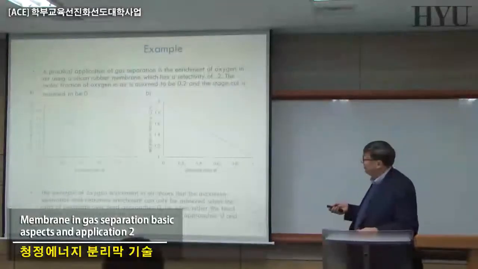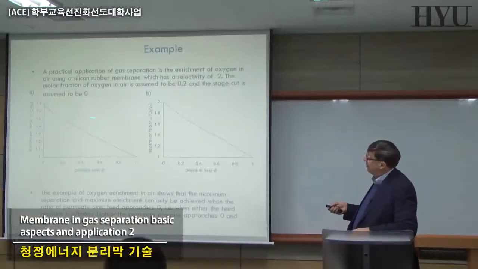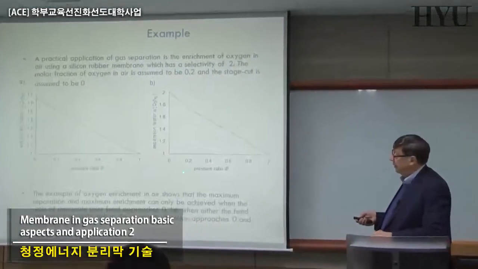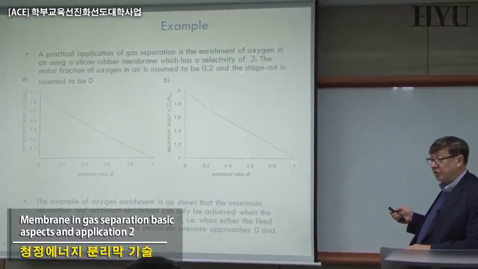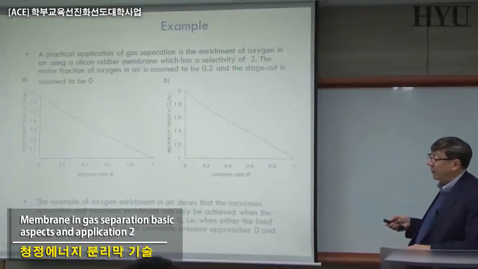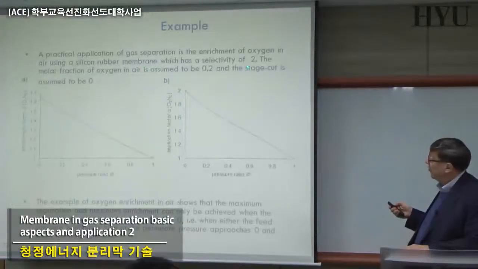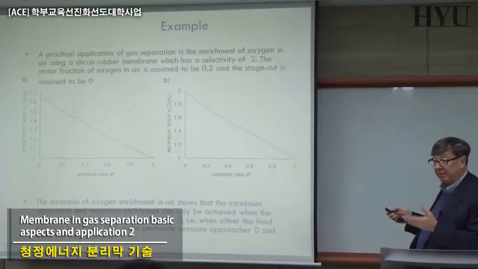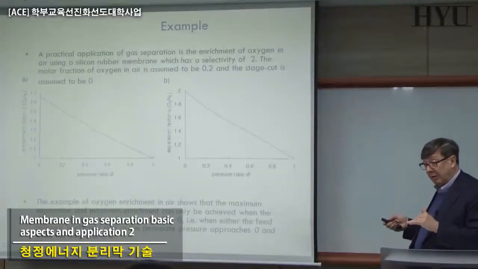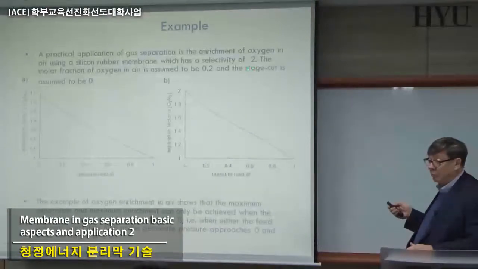With the existing system, just to give here some data that are showing you the situation that you can have sometimes. This is the case of the enrichment in oxygen of air using a silicon rubber membrane. And silicon rubber membranes for oxygen and nitrogen, this is a rubber, they have very high permeability, but relatively low selectivity, about 2.